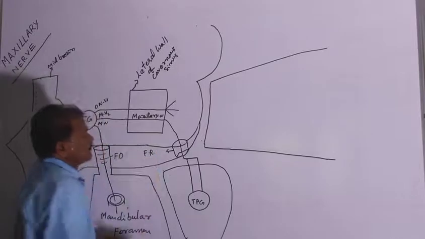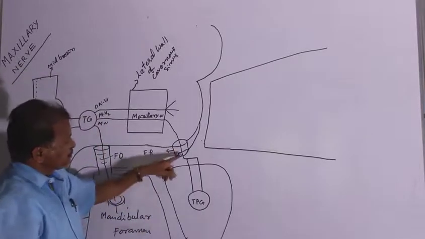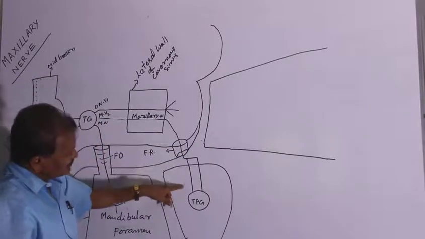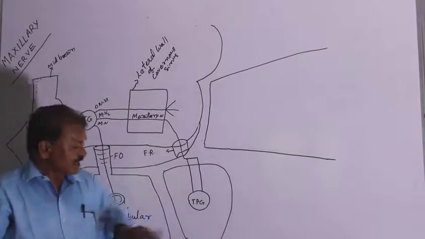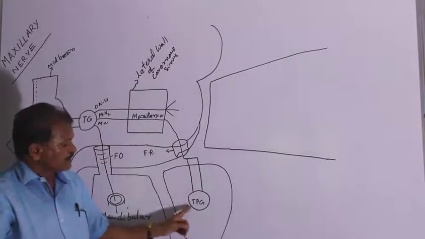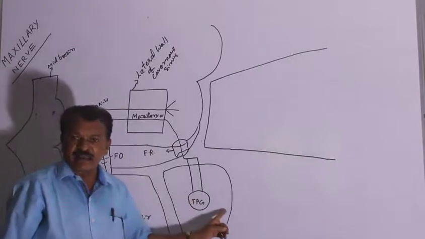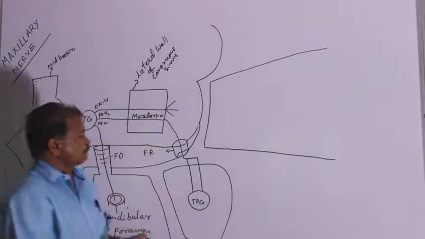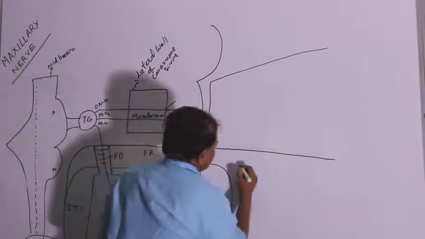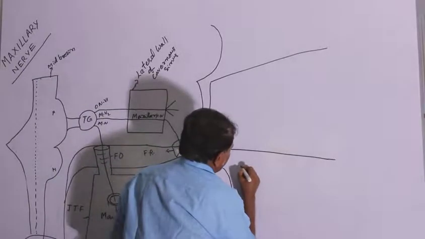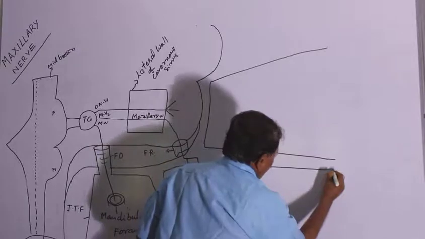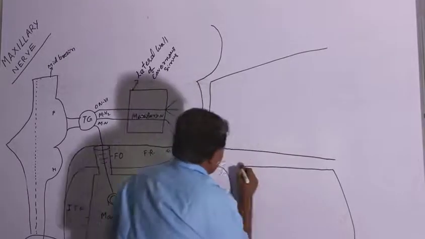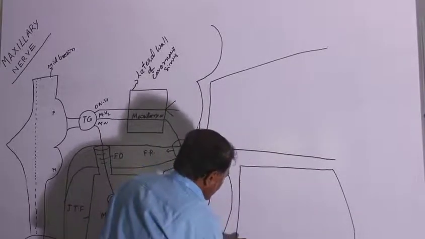It enters into the foramen rotundum, then it enters into the pterygopalatine fossa, and within the pterygopalatine fossa there is the pterygopalatine ganglion. So here it is the jaw, the upper jaw.